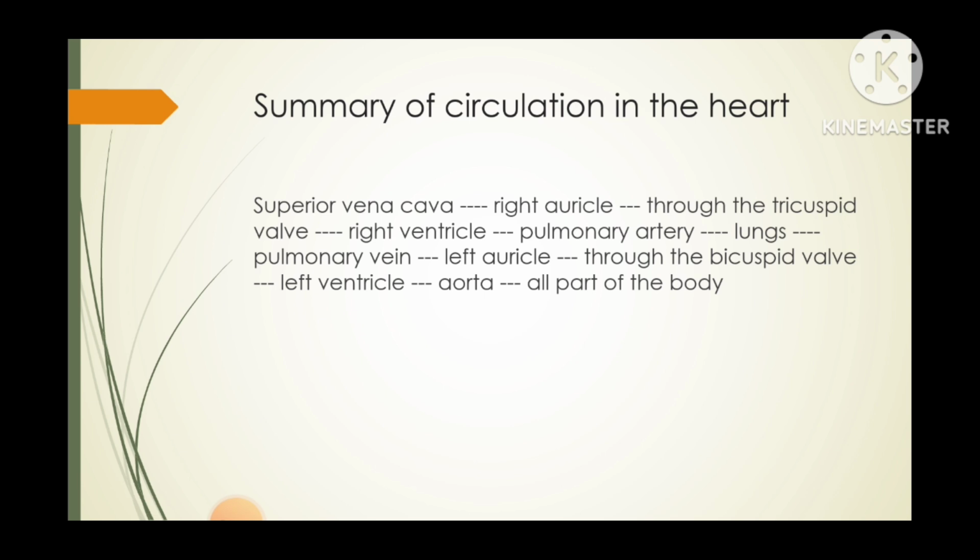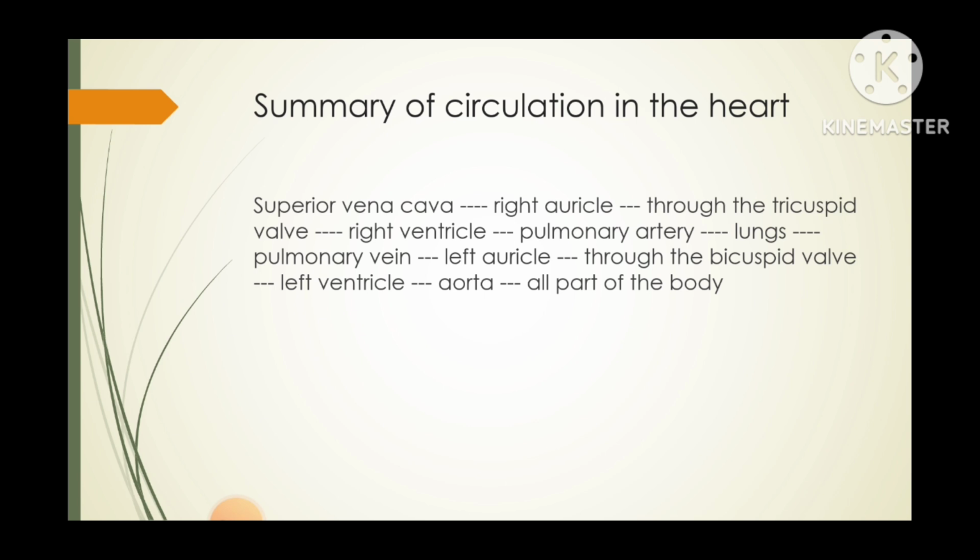It will go through the pulmonary artery to the lungs, where the blood now becomes oxygenated. You know that previously I said that veins carry deoxygenated blood. It is in the lung, through specialized organs called the alveoli, that the blood gets oxygenated.